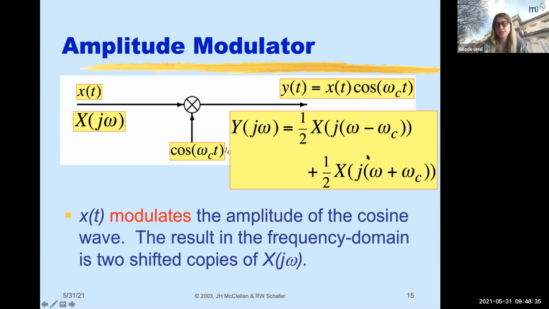This is it. And at the end, this is another system I'm giving you: we're studying the amplitude modulator system. At the output of the amplitude modulator, we have y, which is x of t times the carrier signal.